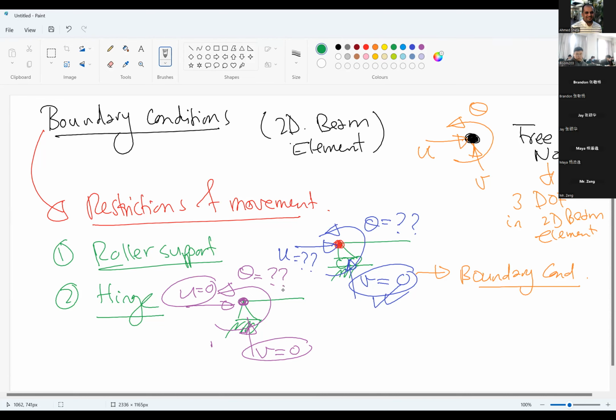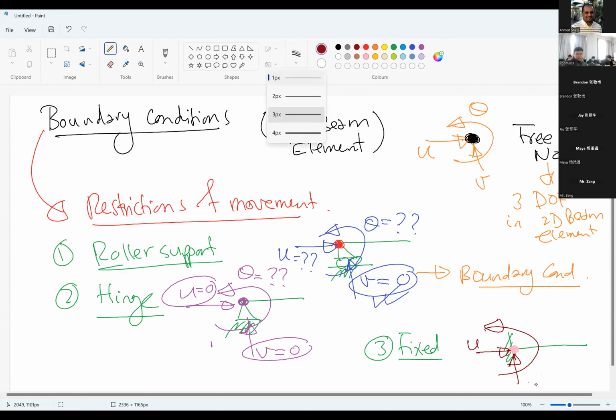The third type of support we have is the fixed support. If we have a fixed support like this, this is our node. How many unknowns, or how many degrees of freedom, do we have at this node? 3. Again, u, v, and theta.